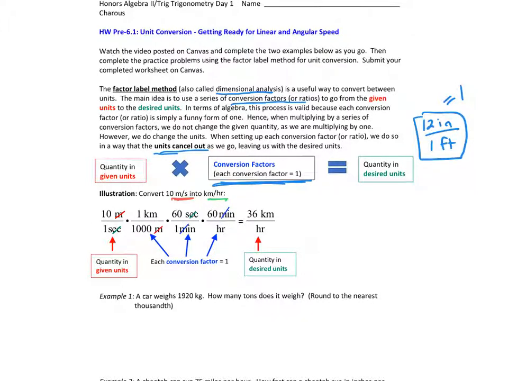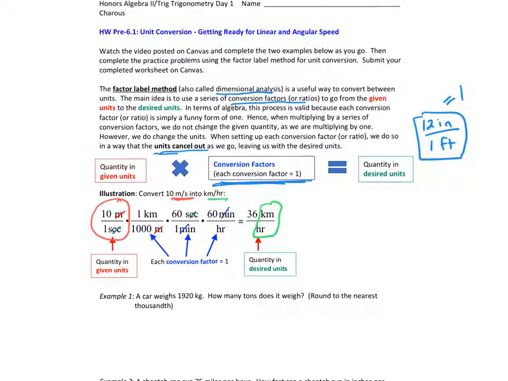So you start with 10 meters per second, and it's helpful to put that as a fraction even if it's just a single value. So put 10 over 1, 10 meters per second, and you're headed towards kilometers per hour. This is what we're headed towards, kilometers per hour. And then we're going to use conversion factors so we can get from meters per second to kilometers per hour.